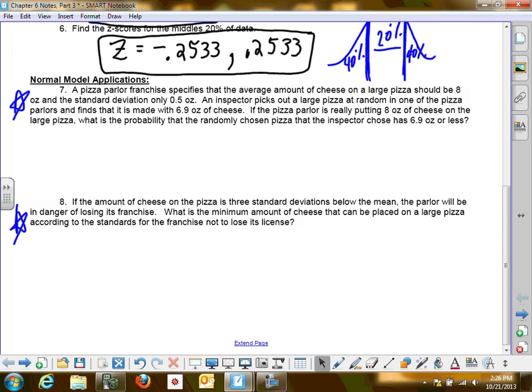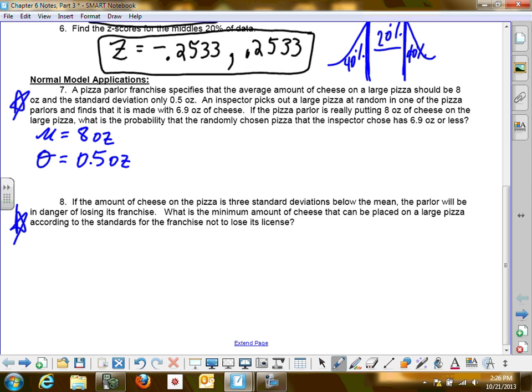So, here we go. Number 7. A pizza parlor franchise specifies that the average amount of cheese on a large pizza should be 8 ounces and the standard deviation only 0.5 ounces. So, I generally like to write out my information as I go. An inspector picks out a large pizza at random in one of the pizza parlors and finds that it is made of 6.9 ounces of cheese.